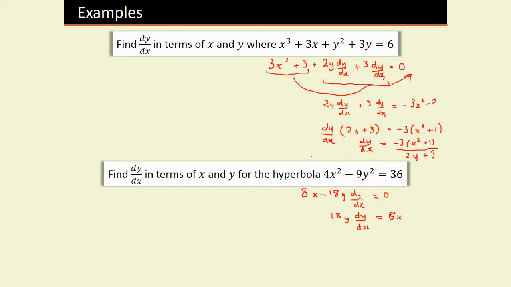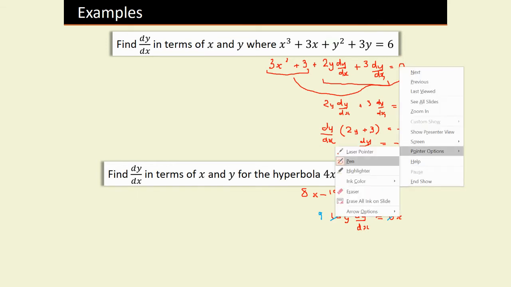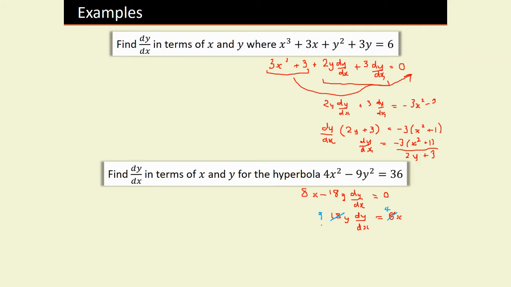I can think here that I can do a bit of cancelling. So I'm going to change my ink colour. The 18 there is divisible by 2, so make that a 9. The 8 there is divisible by 2, make it a 4. And we go back to our red pen. Now divide by 9y, and I'm left with what dy by dx is.